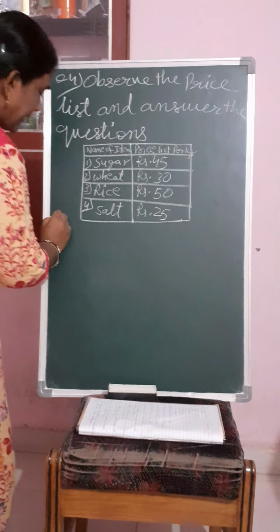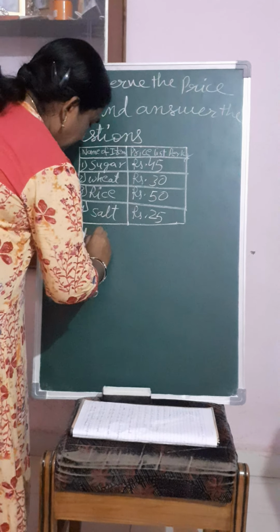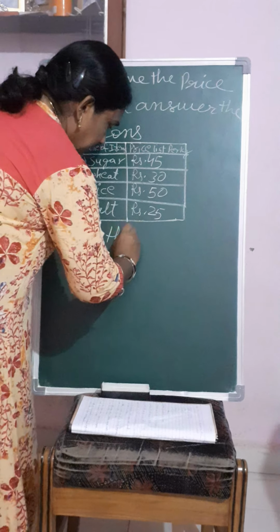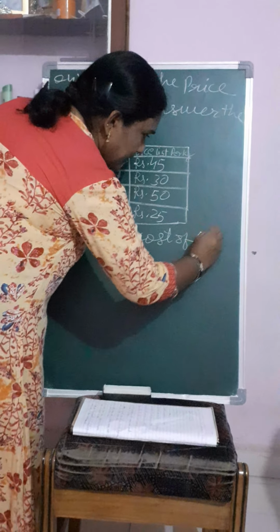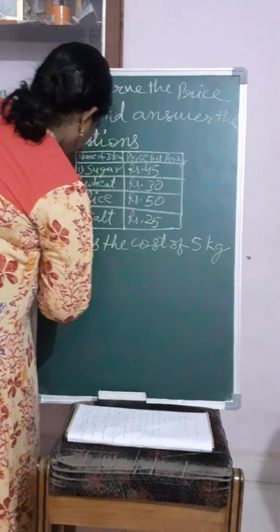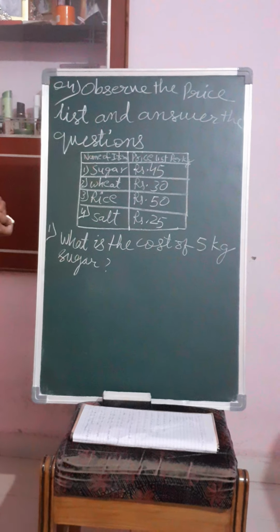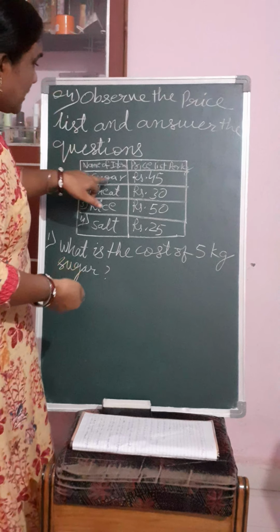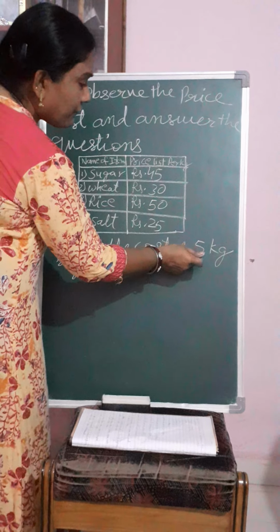So some questions based on this. What is the cost of 5 kg sugar? Here the question is given, what is the cost of 5 kg sugar? Now 1 kg sugar cost is given here, 45 rupees. So it is asking in the question 5 kg sugar.